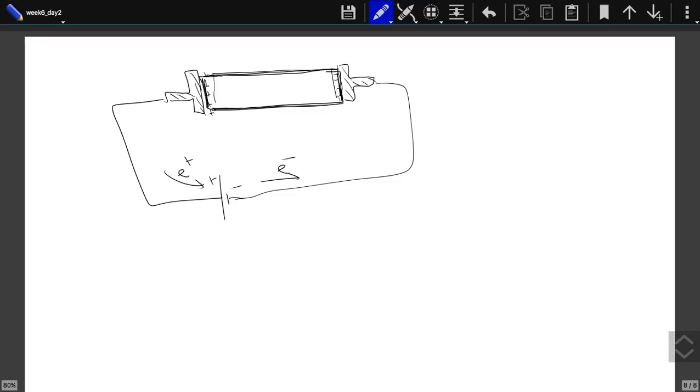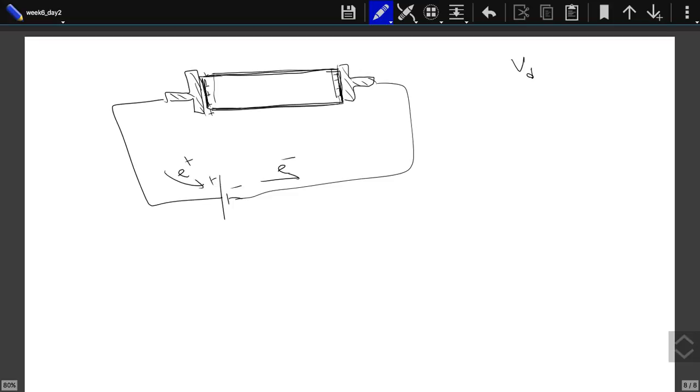But let's just imagine that the drift velocity is very small. So it takes a very long time for one electron to go from here to over there. But the battery just keeps pumping electrons. So more and more electrons are coming over here.